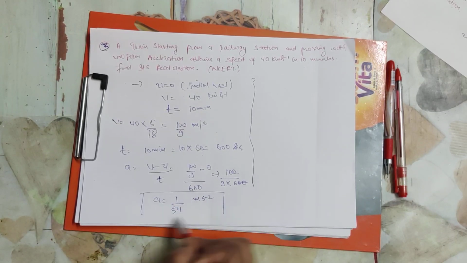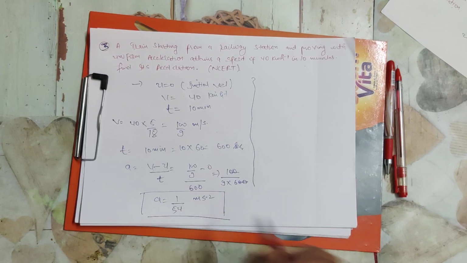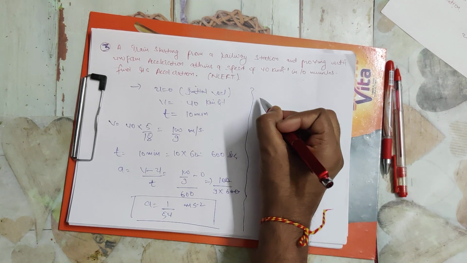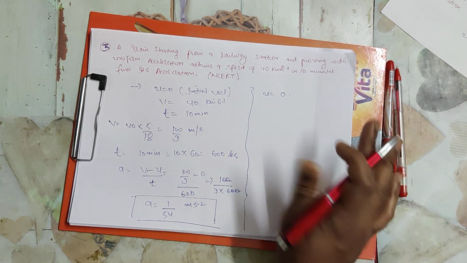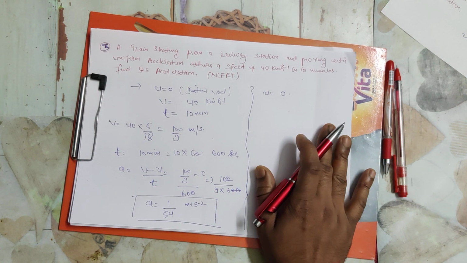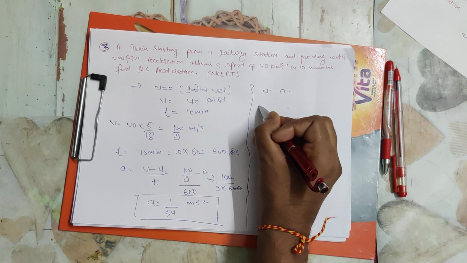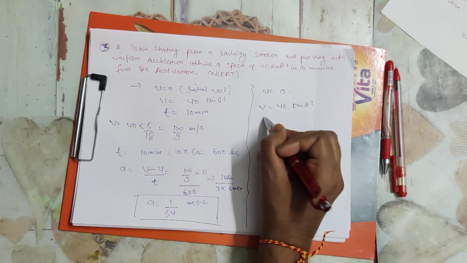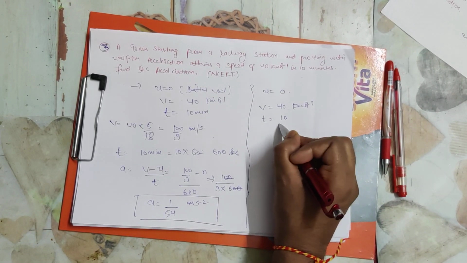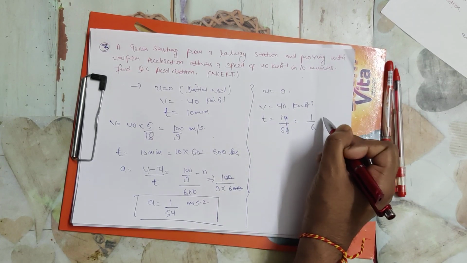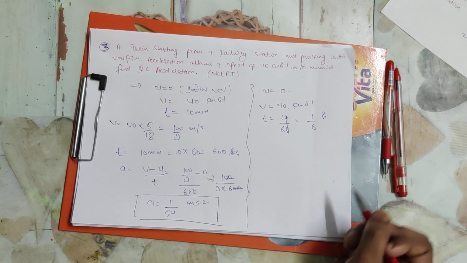This is the correct answer, but many students say that this is a very low acceleration. You can find it in kilometer per hour instead. In the same case u is 0, but I suggest you do this method. Some teachers do not prefer 40 km per hour converted. If it is in kilometer per hour, I can change the time 10 minutes into hours, that would be 10 by 60, that is 1 by 6 hour.